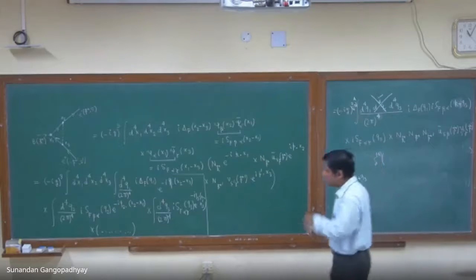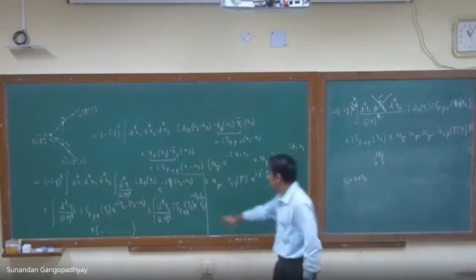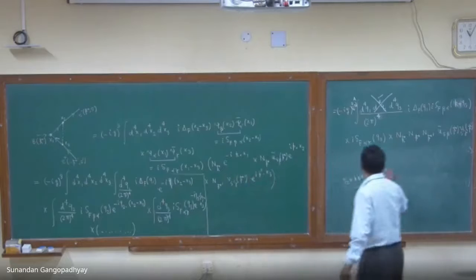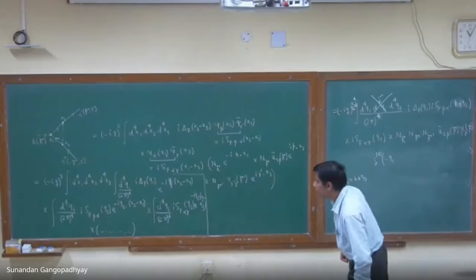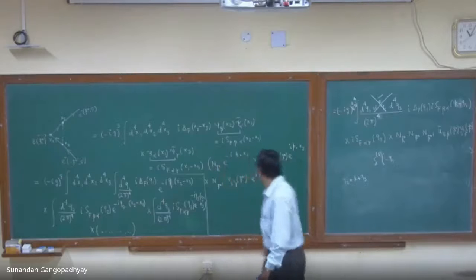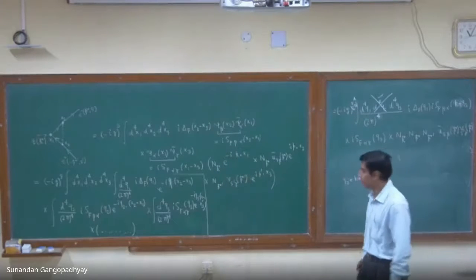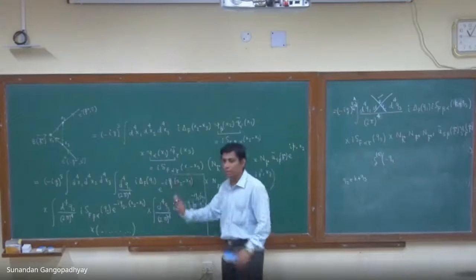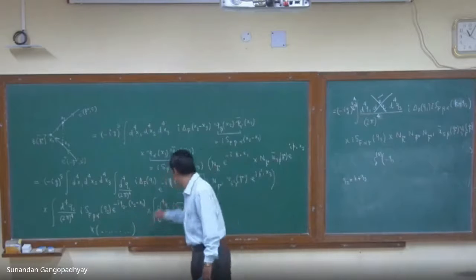This is for the x2 integral. From the x2 integral, what we shall have is minus q1. Minus, whatever, you can take whatever. It doesn't matter. In the Dirac delta function, you can take whatever form. You will get the same answer because it is symmetric.